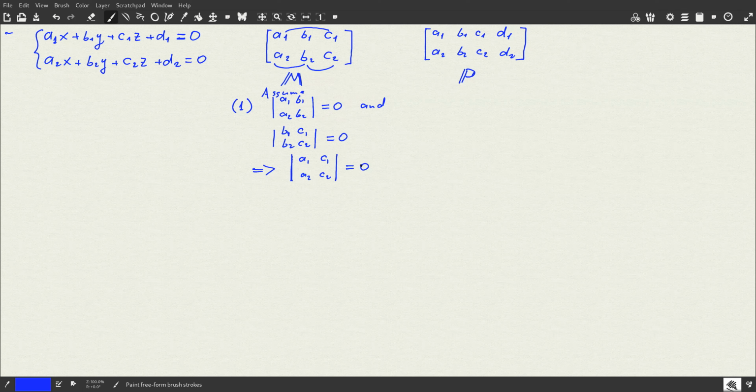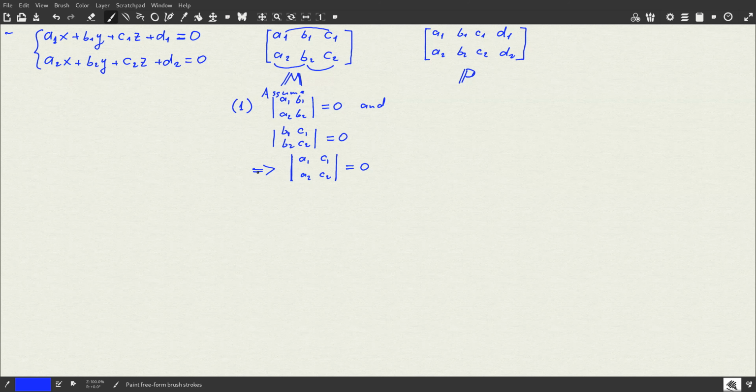What does it mean? It means that the rows of our matrix A1, B1, C1, A2, B2, C2 are characterized by which property? They are proportional to each other.